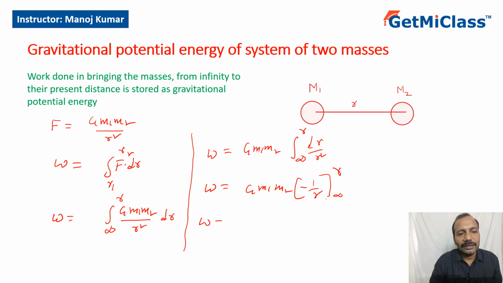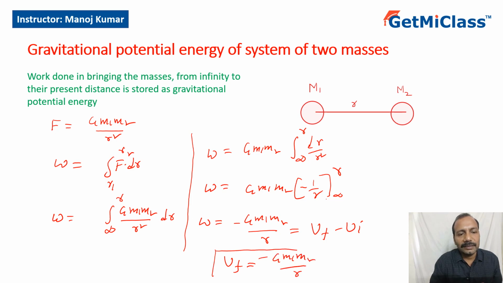So I'll get work done equal to G m1 m2 into minus 1 by r. So minus G m1 m2 by r is equal to the final potential energy. This is actually the change in potential energy, but the initial potential energy is 0. So the final potential energy of the two masses is minus G m1 m2 by r.